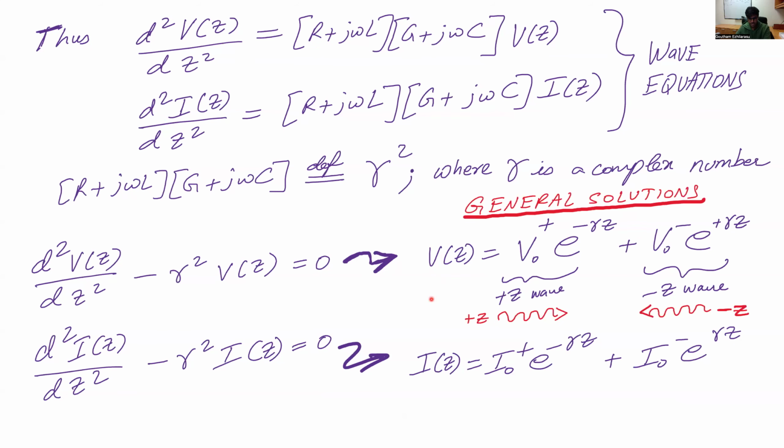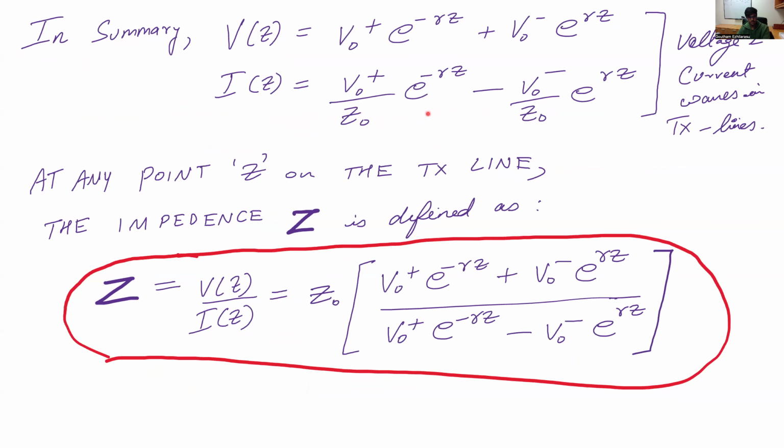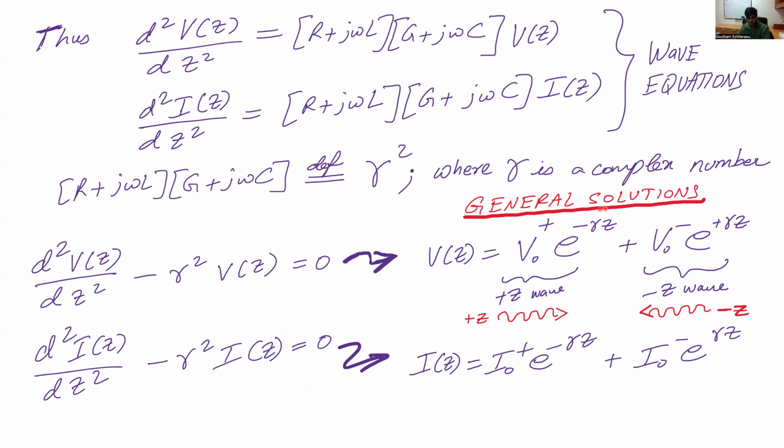So we have this V(z) expression. Similarly, we have an I(z) expression, but here the constants are I0+ and I0−. The plus and minus superscripts just indicate that it corresponds to a forward traveling or a backward traveling wave. Remember that dV(z)/dz is related to I(z), and therefore I(z) can be written as −1 divided by (R + jωL) times d/dz of V(z), and V(z) was already written in terms of this.